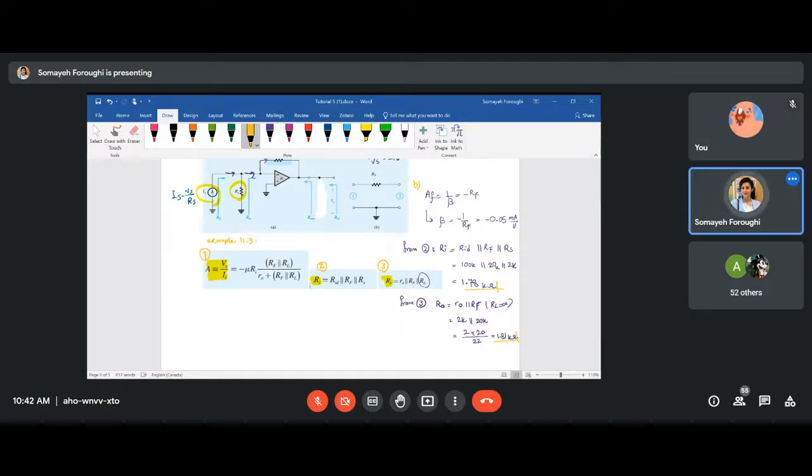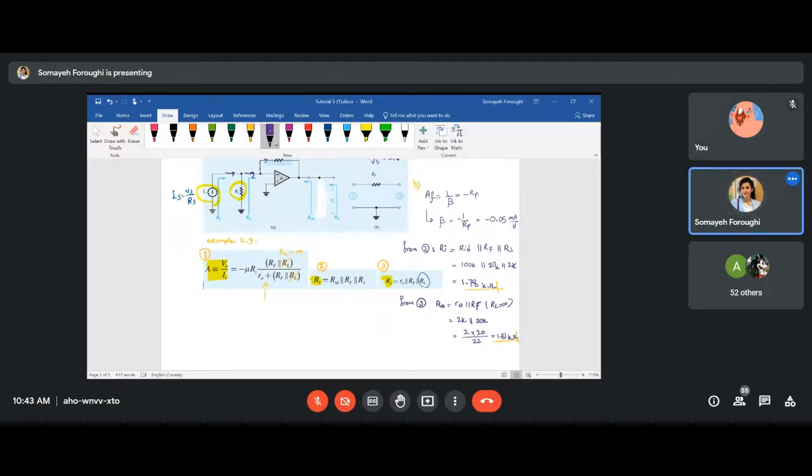Now, our next job is to find, according to equation number 1, the closed loop gain. A is VO over II, and we can use this equation for it directly. Just remember that because here we do not have any load in the output, and the load is infinity, you do not have to consider load. The rest is all the same.